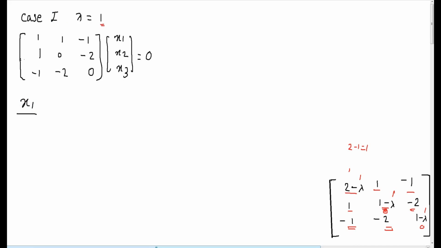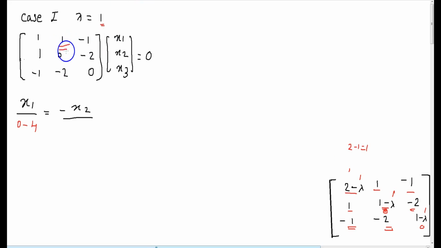x1 by minor of a11. Here minor of a11 is 0 -2 -2 0, and cross multiplying we get 0 -4 equal to -x2 by minor of a12.